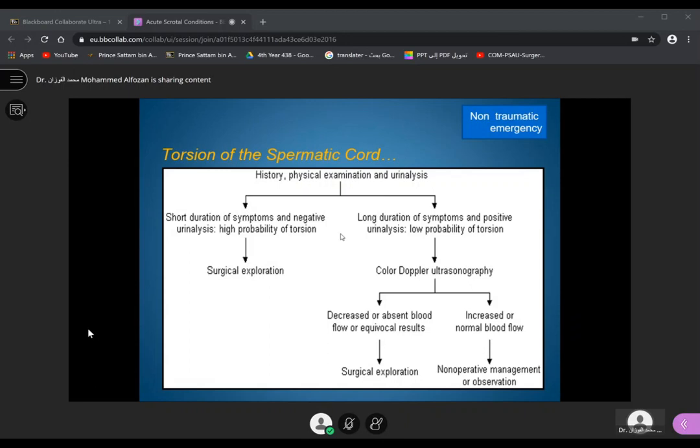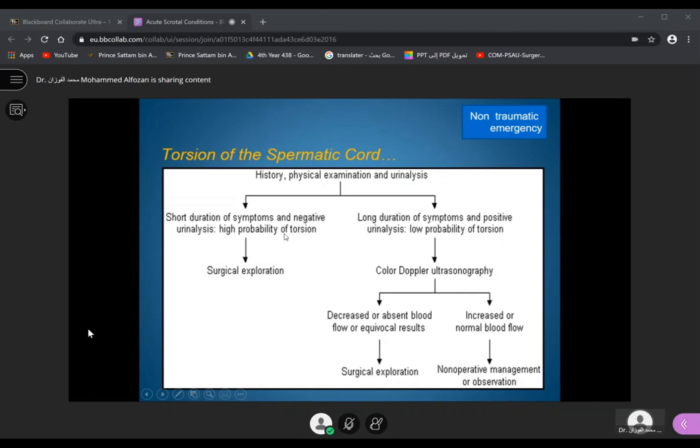So it will affect fertility, it will affect the testosterone level in the body. Testosterone is very important for libido, for maturation, for muscle mass, for cognitive function, for bone density. It's important for every tissue in your body. So it's a very important hormone and you must preserve it.